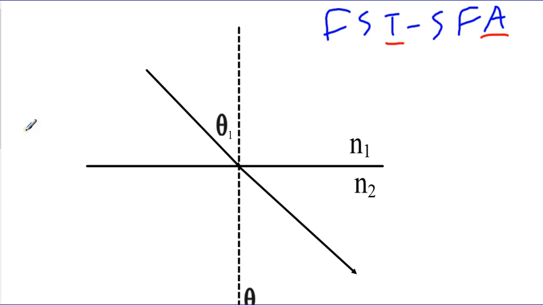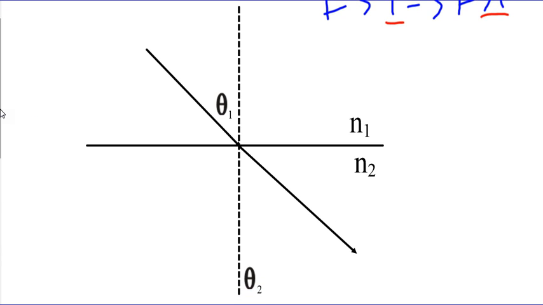Now, going back to FST and SFA, what I've first shown you here is if N1 and N2 are the same medium, so if it's air to air or glass to glass or water to water, something like that, the beam of light will go straight through. I've done my best to show it as a straight line.